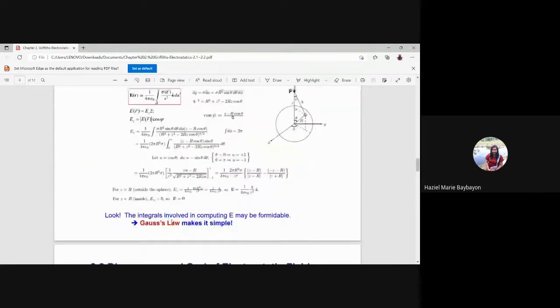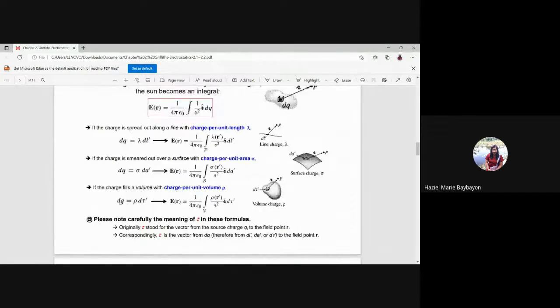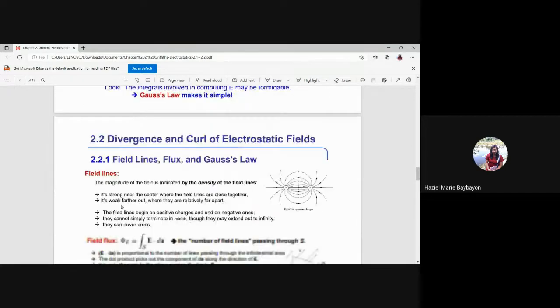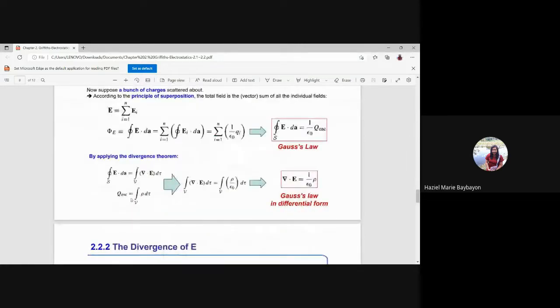Volume charge density. So you can get the total charge by integrating this. If you want to get the total charge Q, you integrate rho d tau. Your rho d tau is equal to the total charge, or the Q enclosed. So Q enclosed is equal to the integral of rho d tau.